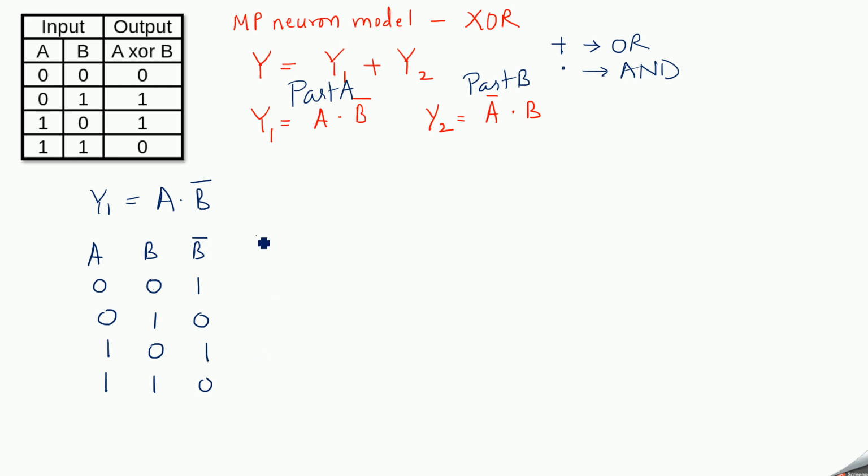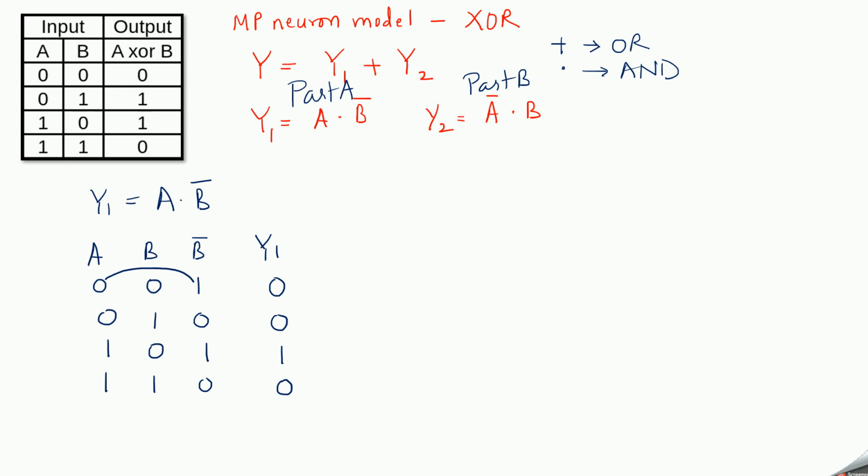Now what is going to be your Y1? We will be performing the AND operation between A and B bar. So 0 into 1 is 0, 0 into 0 is 0, 1 into 1 is 1, and 1 into 0 is 0. Alright.